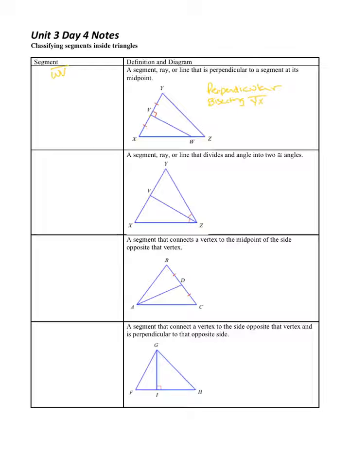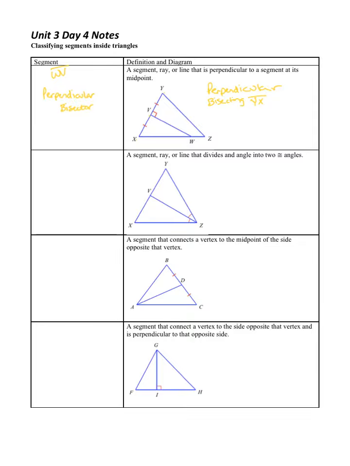So this is a perpendicular bisector. We call it exactly what it's doing. WV is bisecting segment or side YX, and it's doing it in a perpendicular manner.